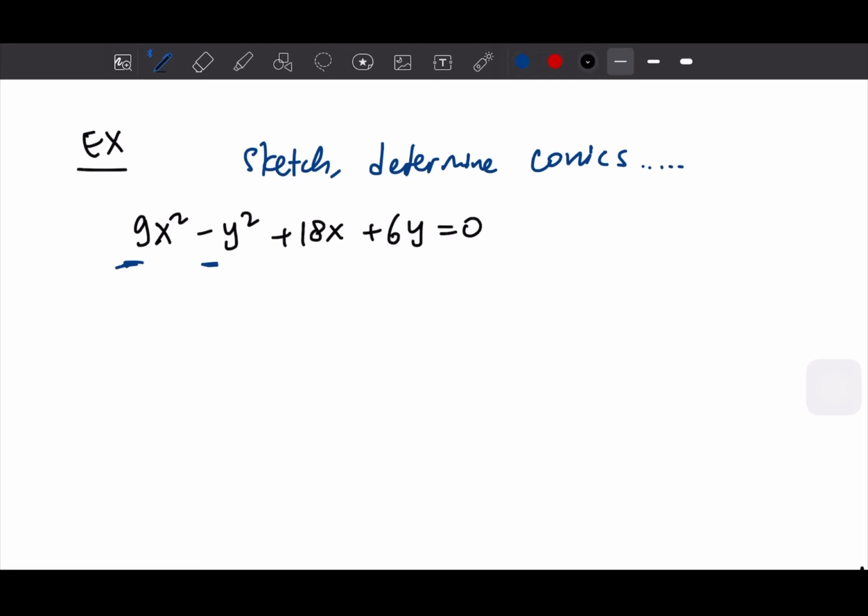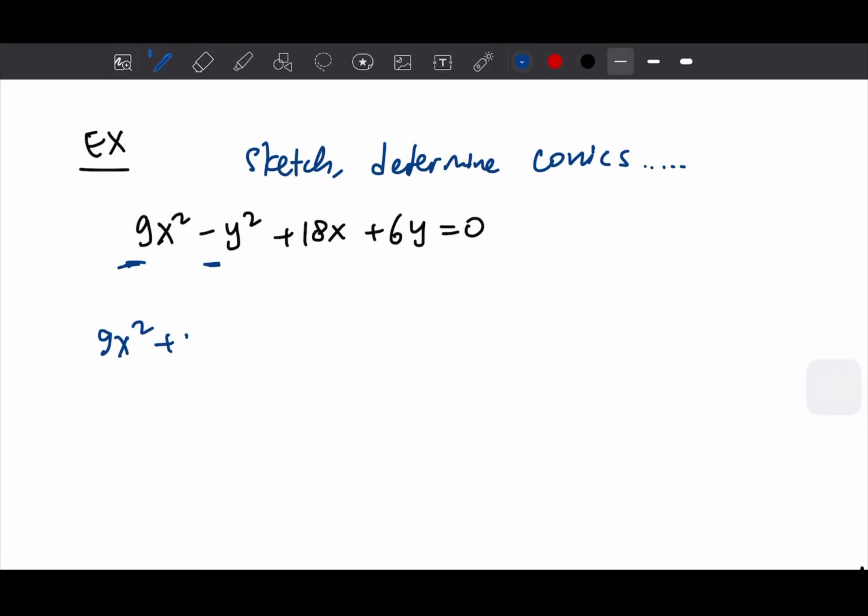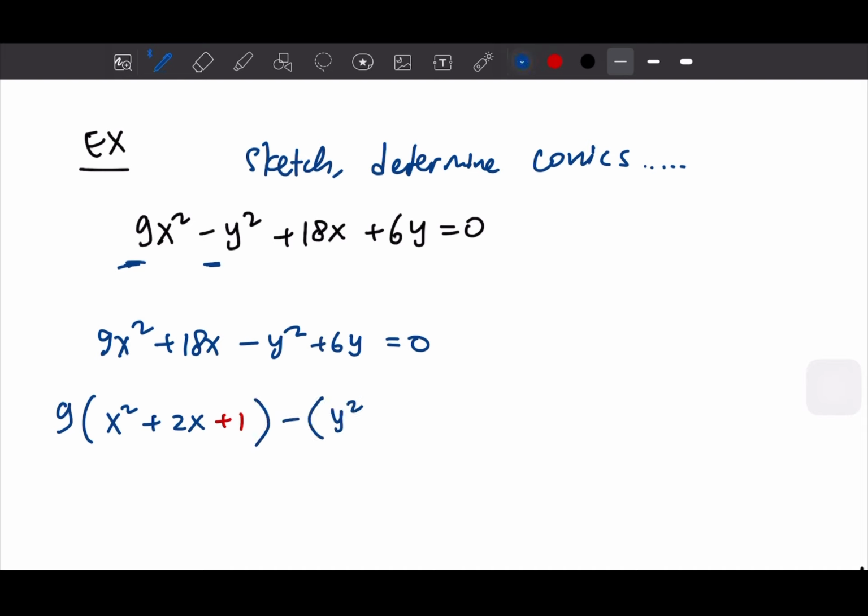Okay. So we could start by taking all x and y terms together. Let me write 9x squared plus 18x minus y squared plus 6y. Let me factor out 9 here, so we have x squared plus 2x. We can complete the square by plus 1 here, right? And then it's going to be y squared minus 6y.